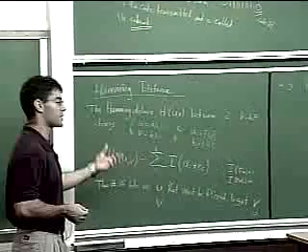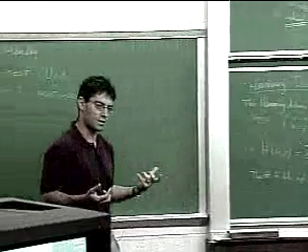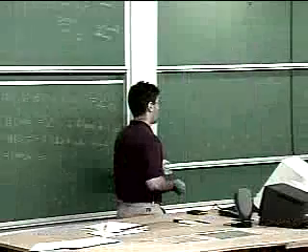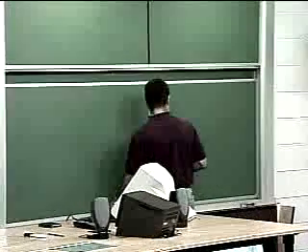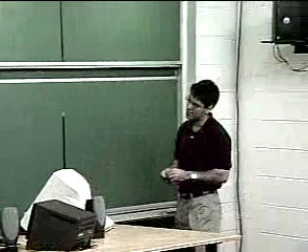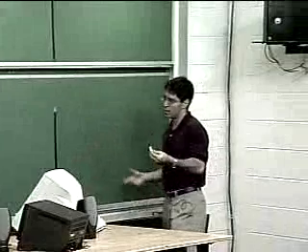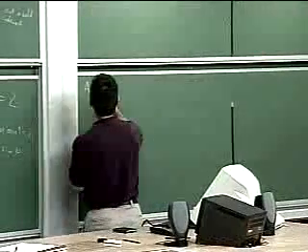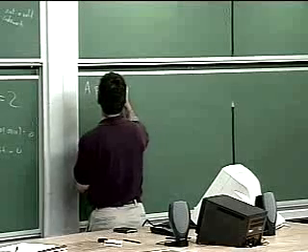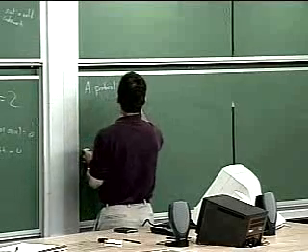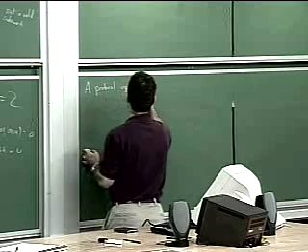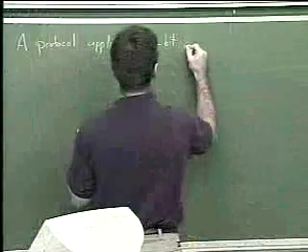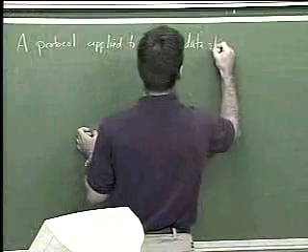So now you know what the Hamming distance between two bit sequences is and what a valid code word is. What next? Okay, well, a protocol applied to k-bit data strings.